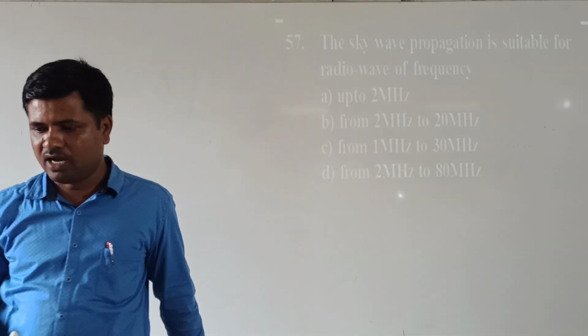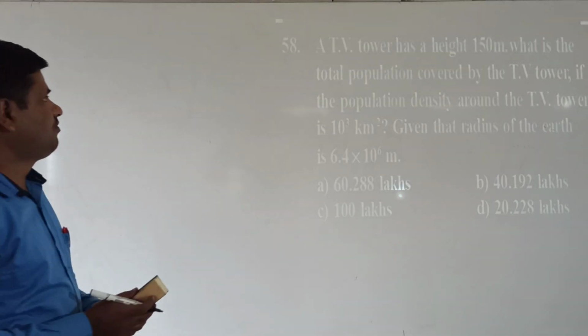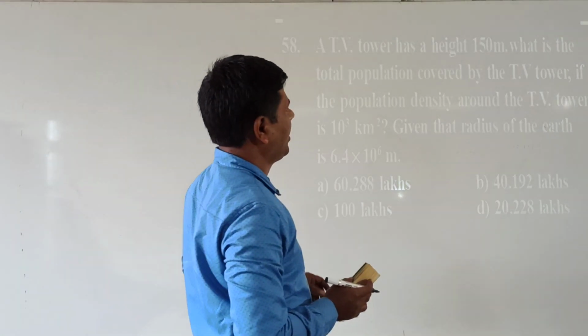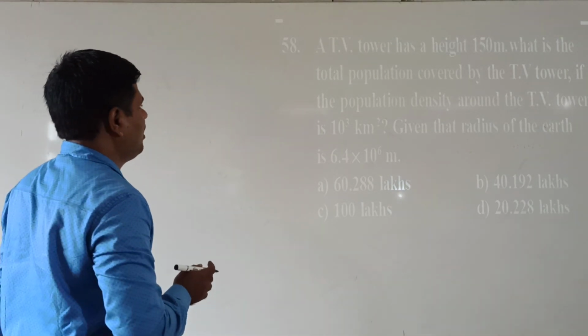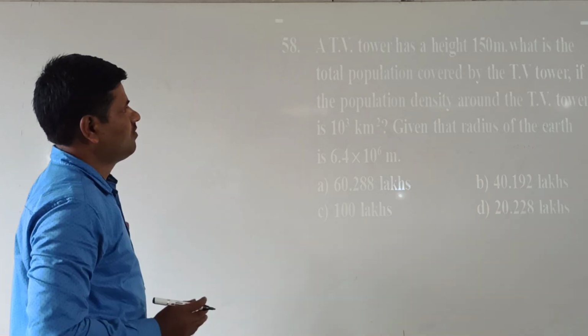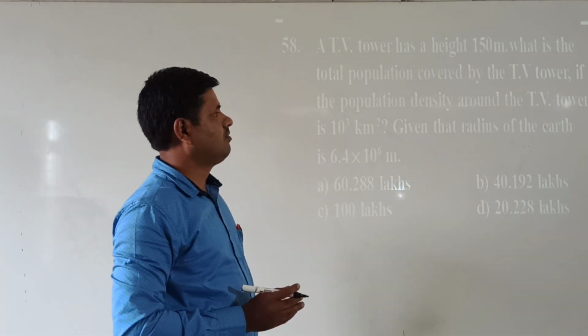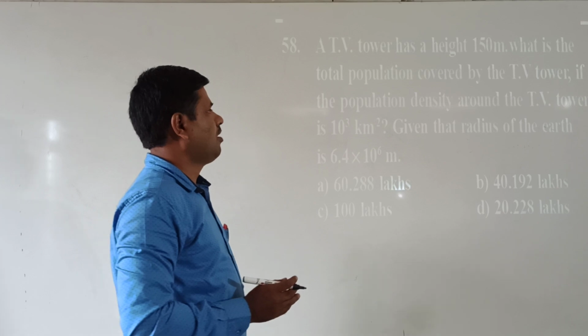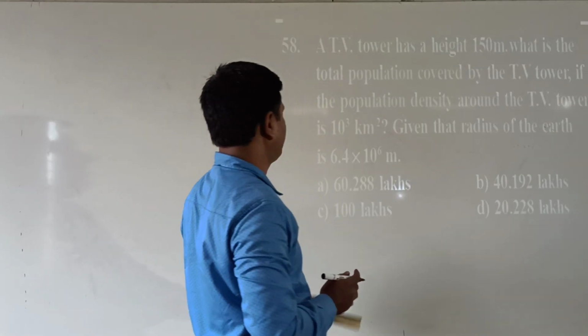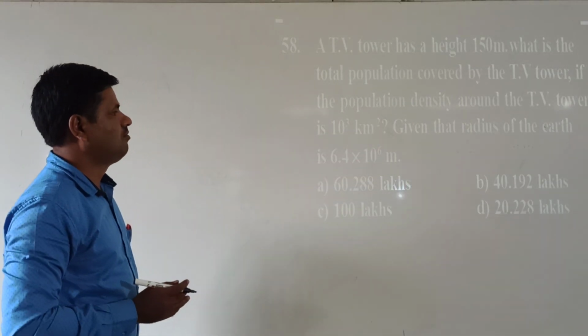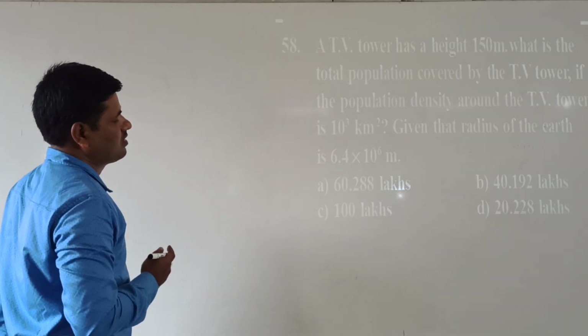Next we go to question number 58. A TV tower of height 150 meter. What is the population covered by the TV tower, if the population density is given as 10 power of 3 per kilometer square, and the radius of the earth is also given?